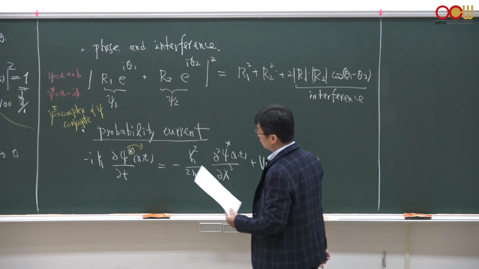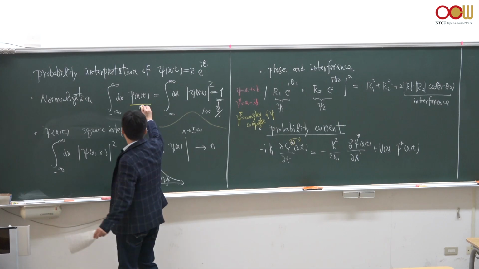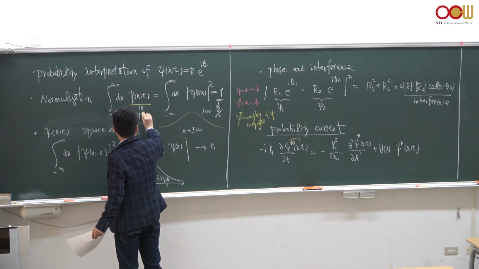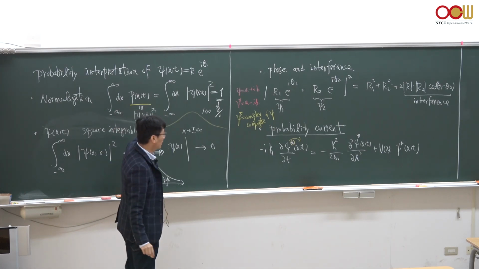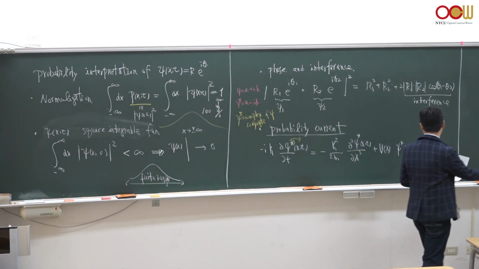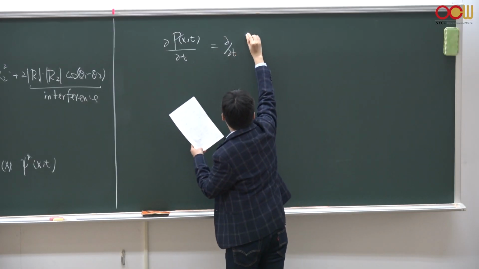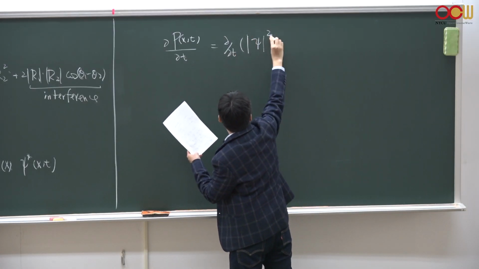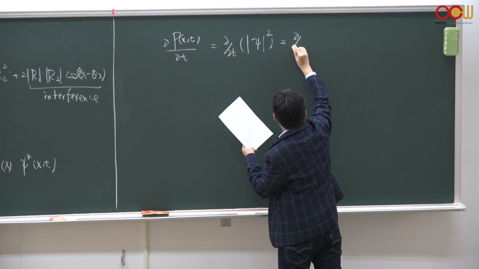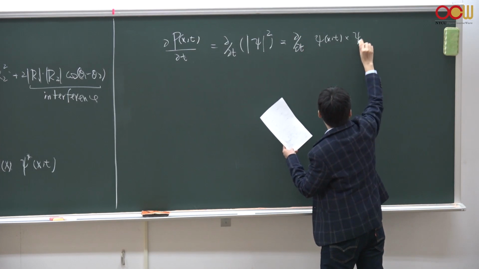Okay, so suppose this probability density P is given simply by psi squared, the magnitude squared of psi. Then I can take the partial time derivative of this probability density, but we know that this is given by psi times psi star.